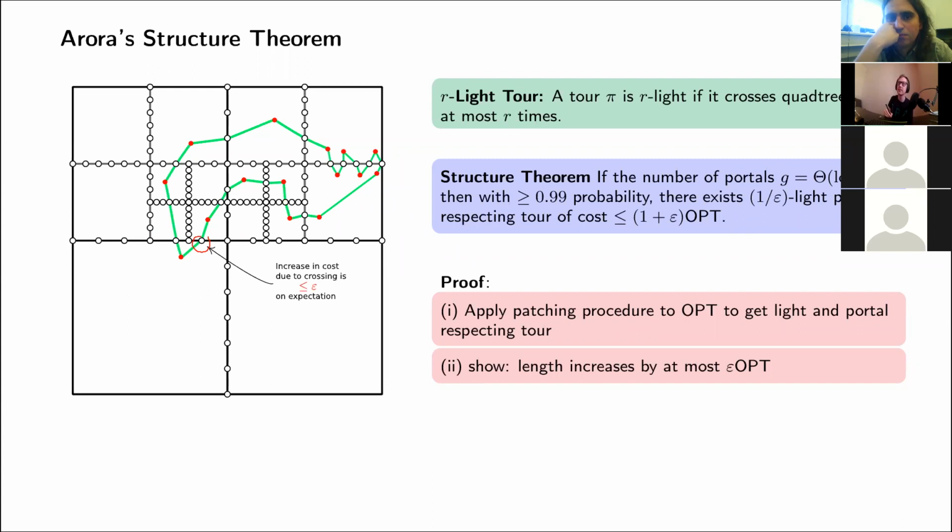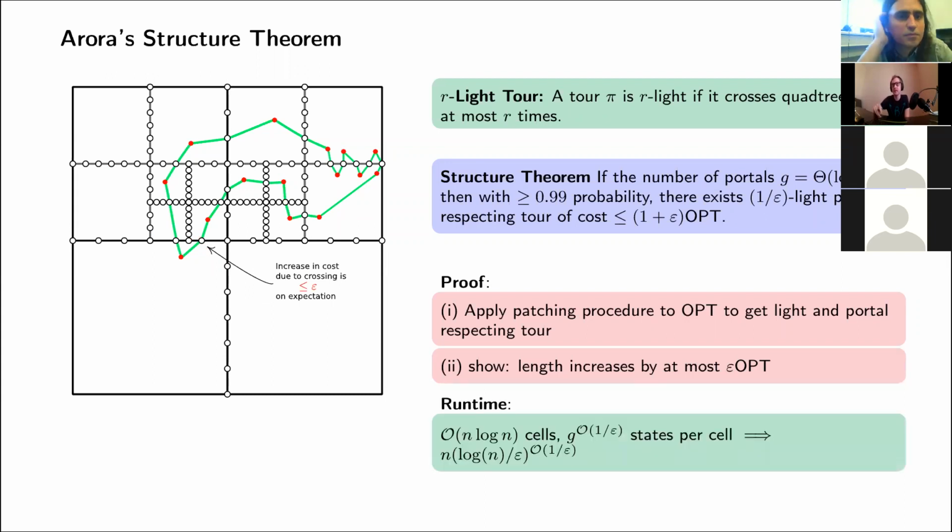And then if you look at all the crossings on the whole dissection, you will increase the length of this tour by only epsilon times the length of the tour. I will not show you this, because we will see a much more involved argument in our proof. But his idea is to look at the expected cost of a single crossing. And that's a really important idea for us.